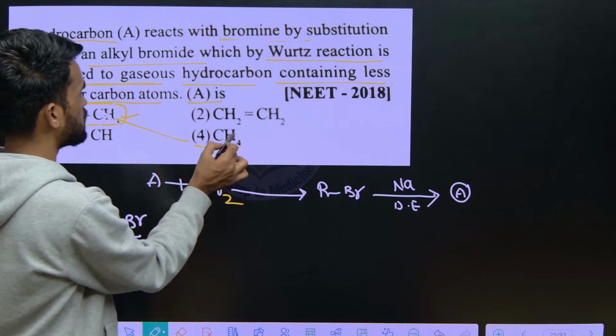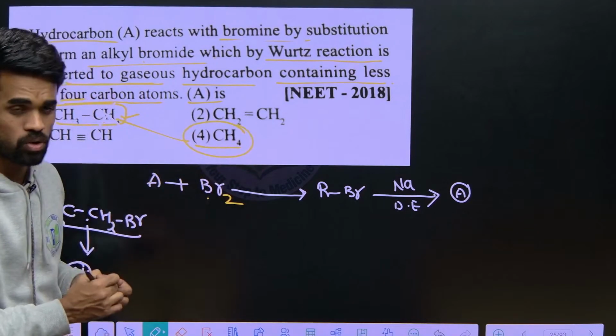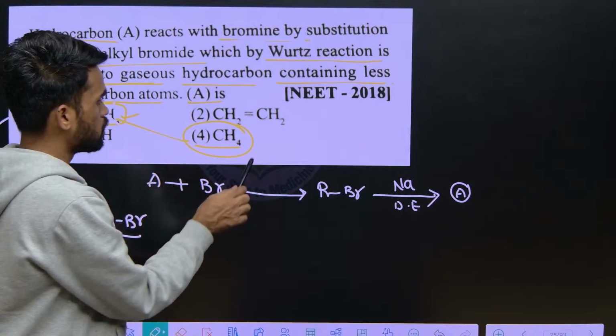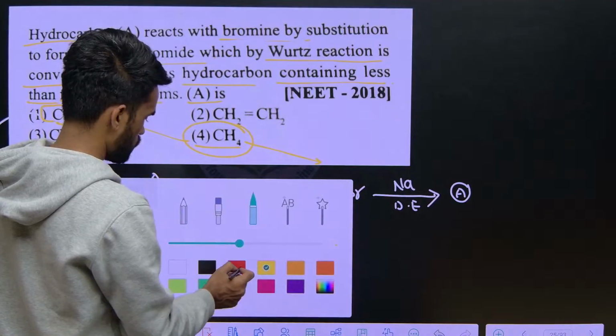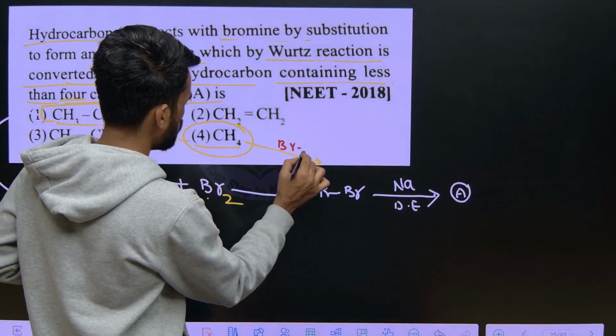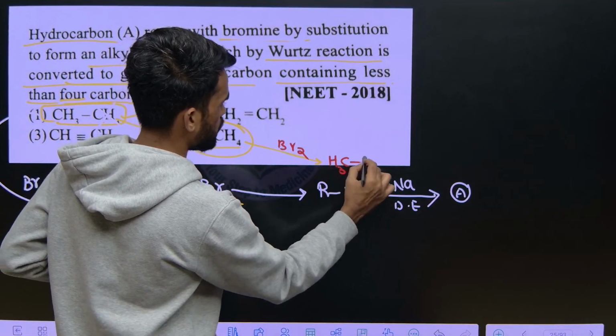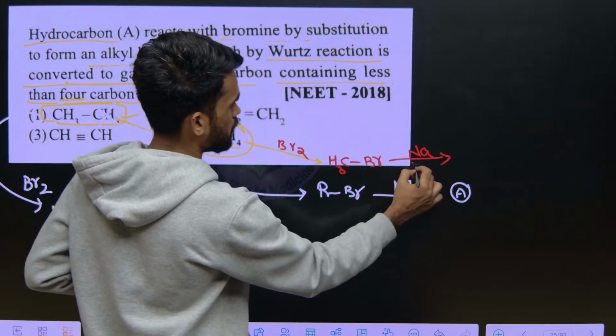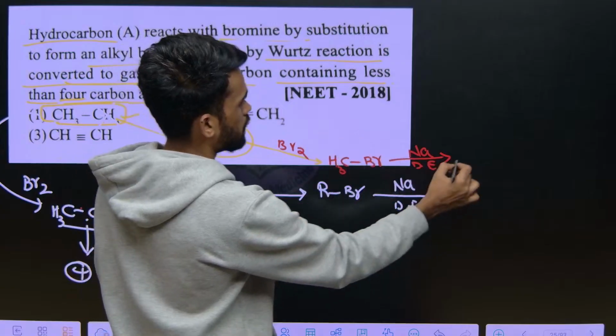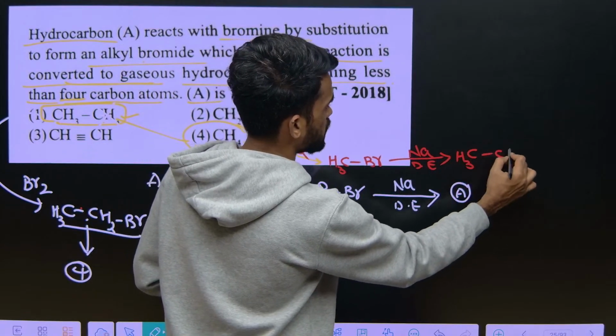If I take option 4, upon Wurtz reaction, first treat with bromine, then you will get CH3Br. Now upon treating with sodium in dry ether, definitely this will give a CH3 coupled product, CH3CH3.